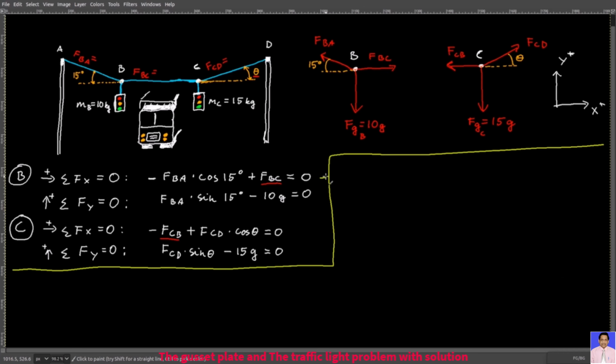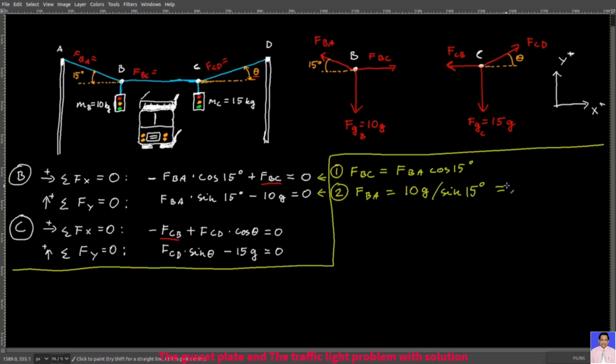And so let's take this first equation and I'm gonna rearrange it like this. FBC equals FBA times cosine 15 degrees. Now if you look at the second equation, then you can find your FBA right away. You simply write FBA equals 10g over sine 15 degrees.